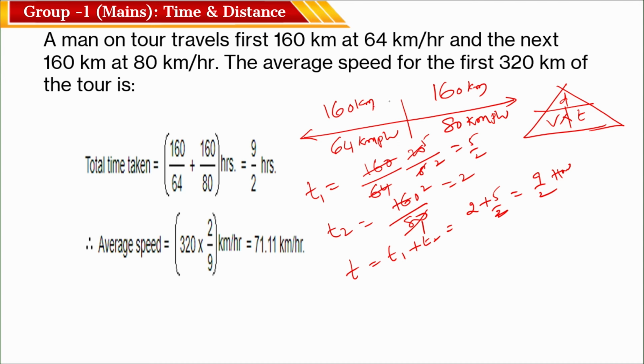But the actual distance is 320 and time is 9 by 2. So you have to find speed.